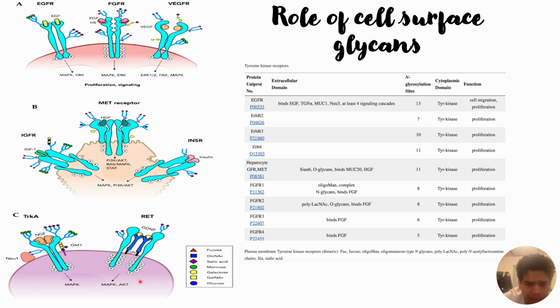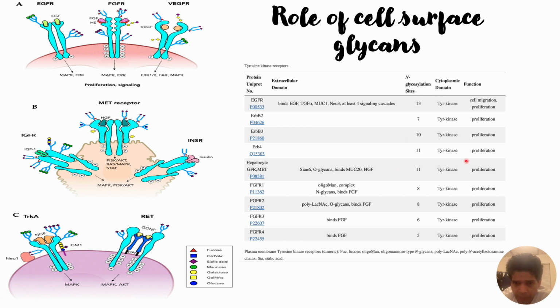Next, the last kind of receptors are the TRKA receptors and RET receptors, and similar to the previous two categories, they are also glycosylated. That can be shown here. A few glycans are shown here for representation purposes. Actual information can be found in the table, and it will also trigger the MAPK pathway, MAPK AKT pathway.